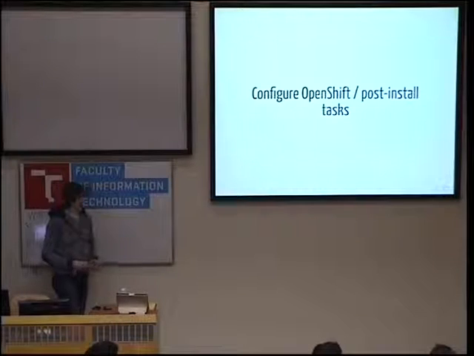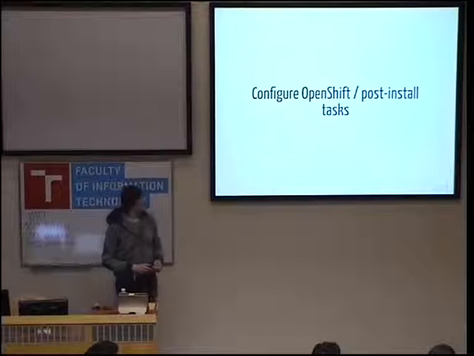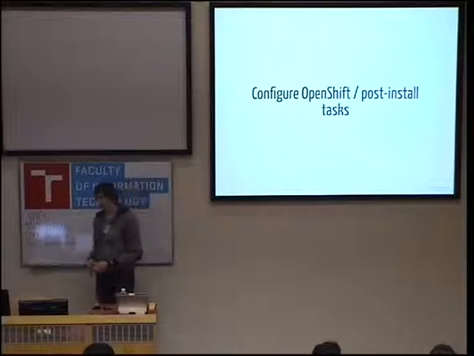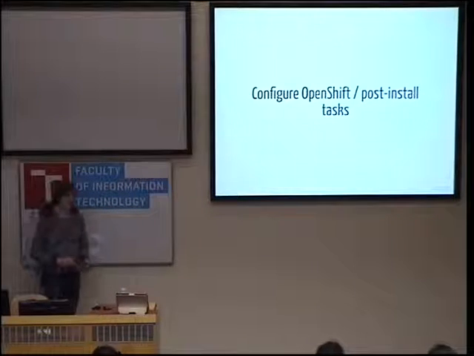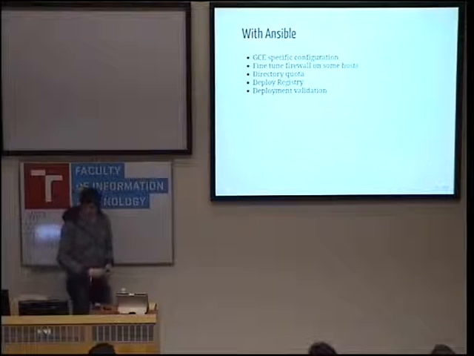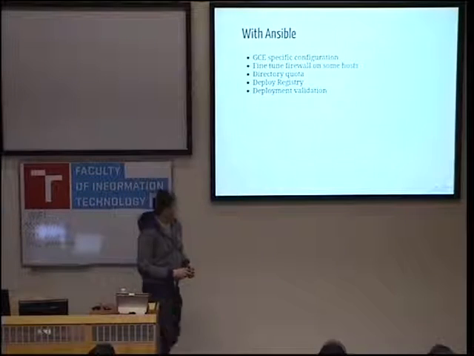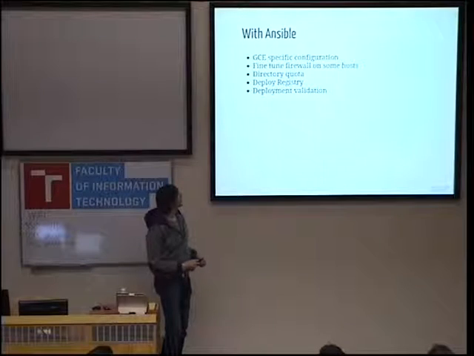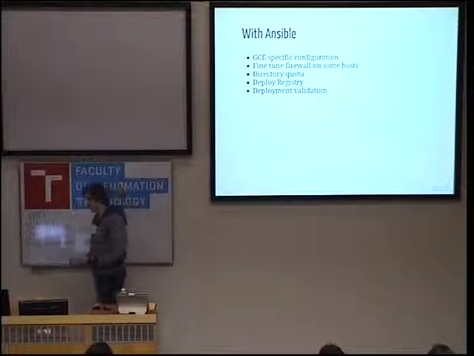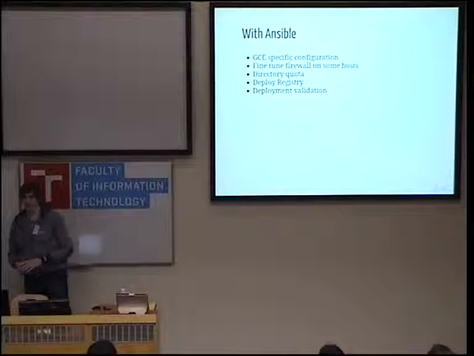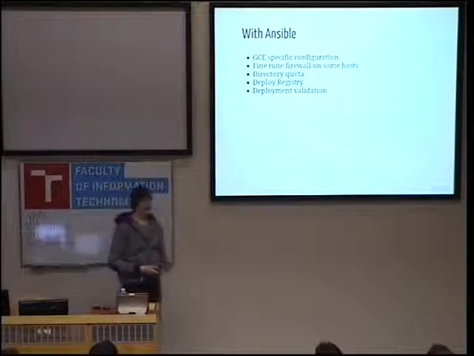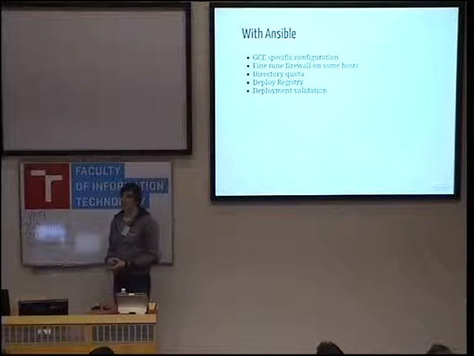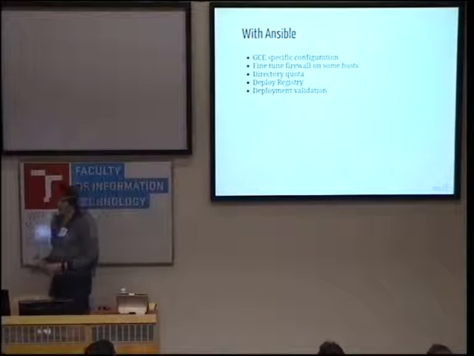And the last part of the reference architecture is configuration of OpenShift and some post-installation tasks, which are all done with Ansible and which contain some specific configuration for GCE. For example, OpenShift storage supports GCE's persistent volume, so we just configure that.